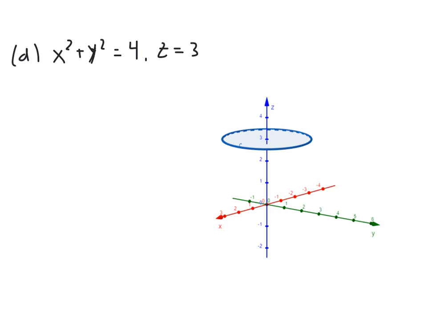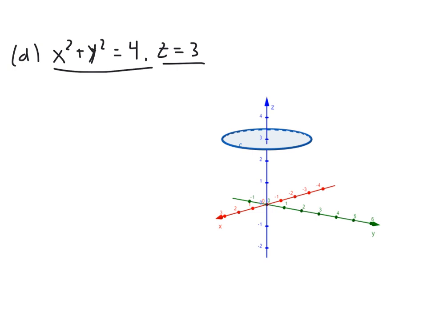So the way that you can think of this circle is that we take x squared plus y squared equals 4 in the xy plane, and then just shift that circle up 3 units in the z direction, and we hit this circle here.